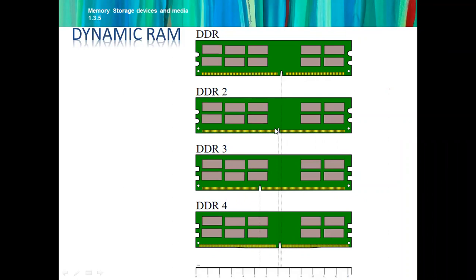The cut is different. Most probably in DDR5, I haven't found this type of a particular image. Otherwise, I'll put it over here. But I think they are going to move it either over here or somewhere there.